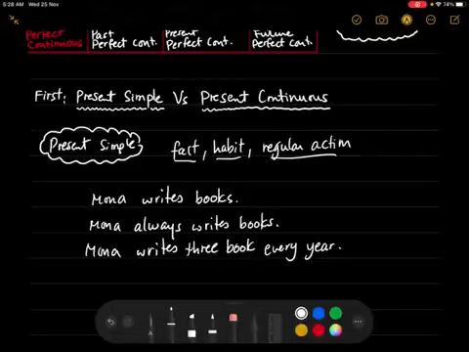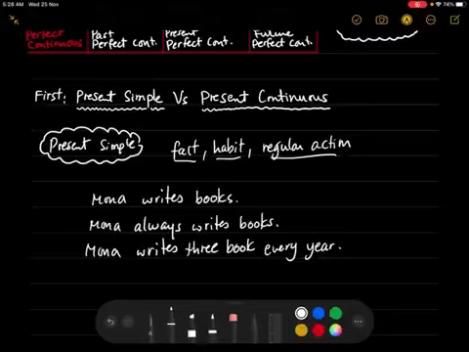So we can understand that the use of the verb in the present simple tense means that the action covers all parts of time: past, present, and future.